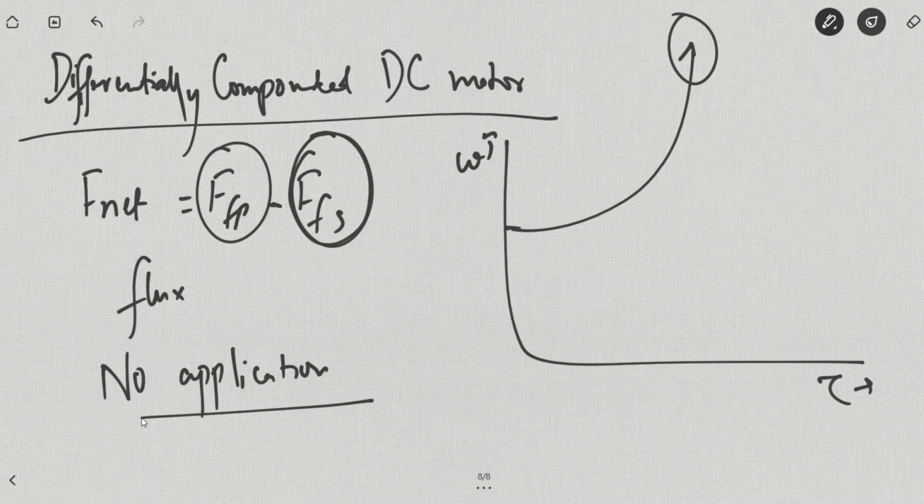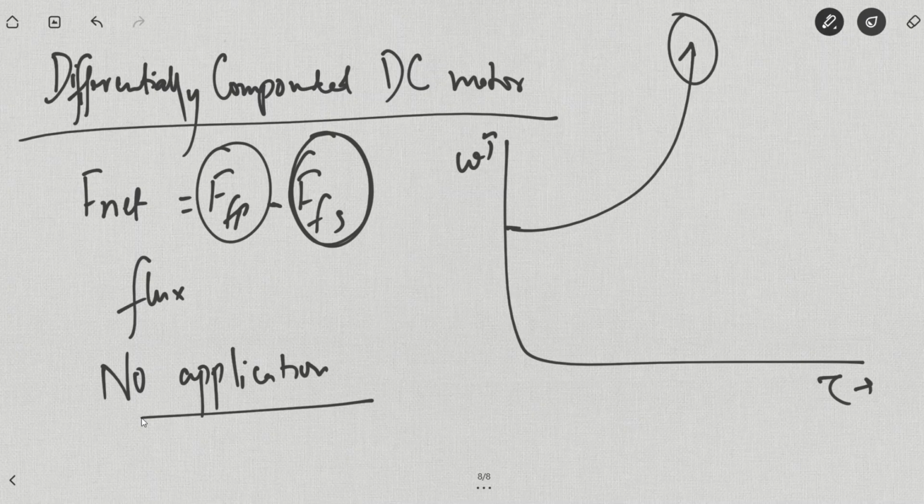At that time, instead of remaining cumulatively compounded, it will become a differentially compounded DC generator. So this is not intentionally used. We are not intentionally building a differentially compounded DC motor. It occurs of its own because of the reversal of power in case of a cumulatively compounded DC motor.